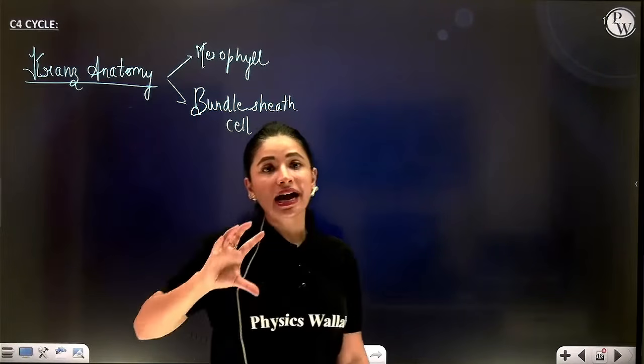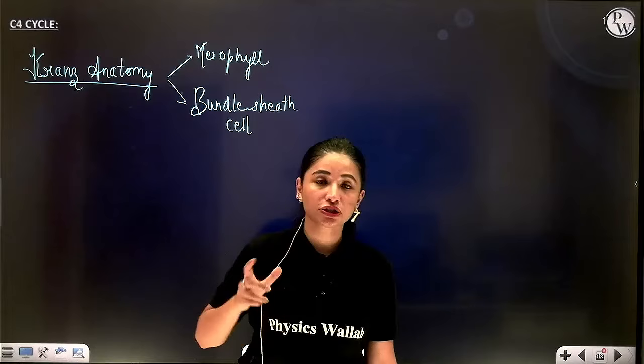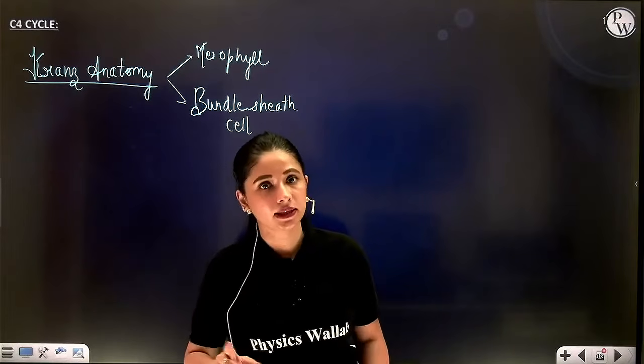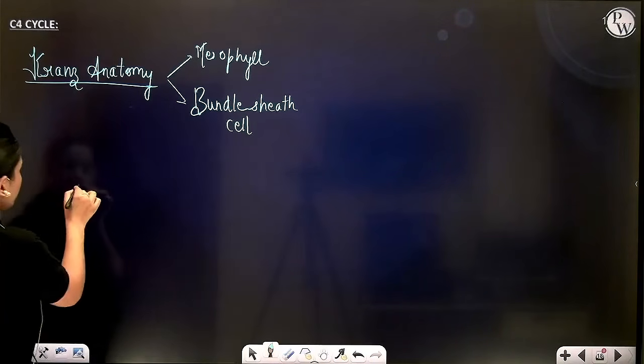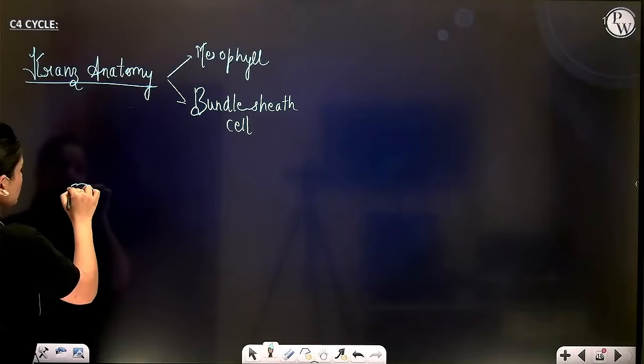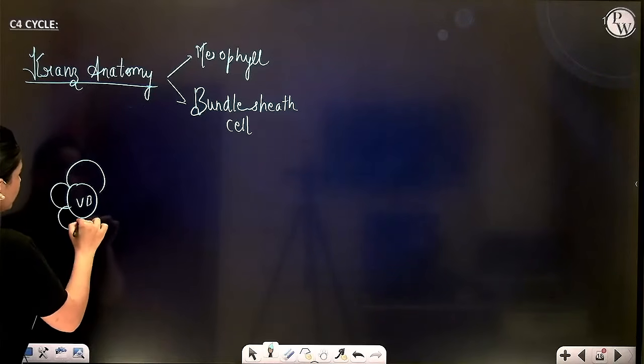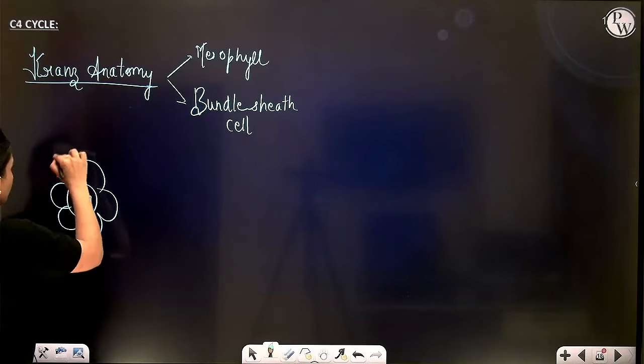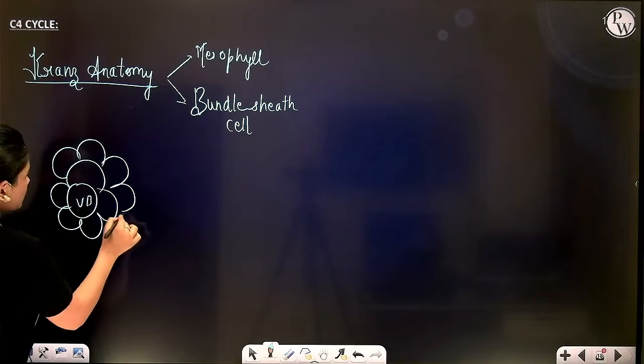Both the cells are concentrically arranged around the vascular bundle. Suppose this is my vascular bundle. Around this vascular bundle, several layered, thick-walled bundle sheath cells are present.